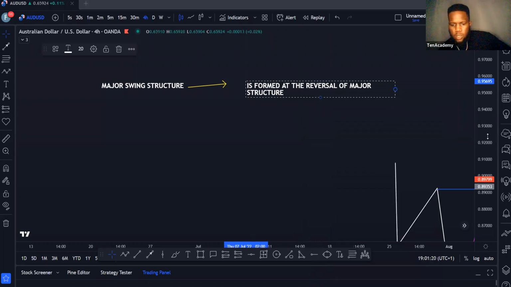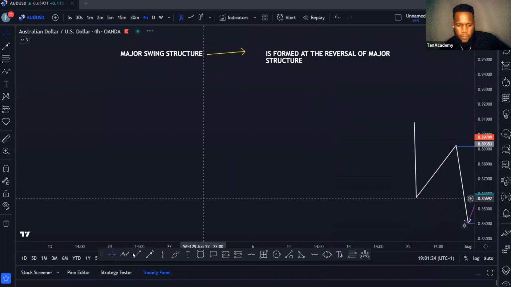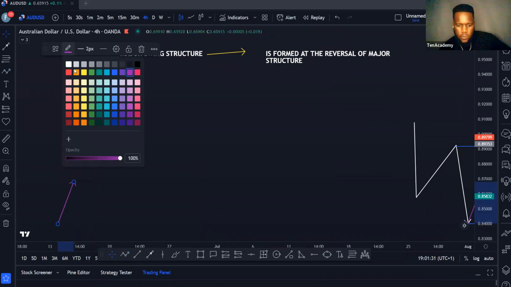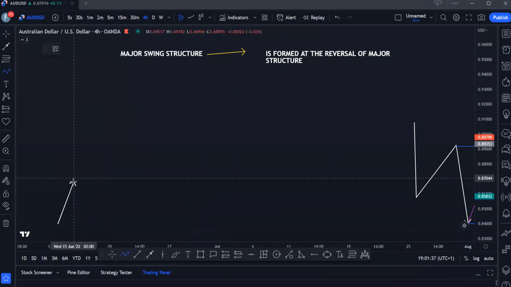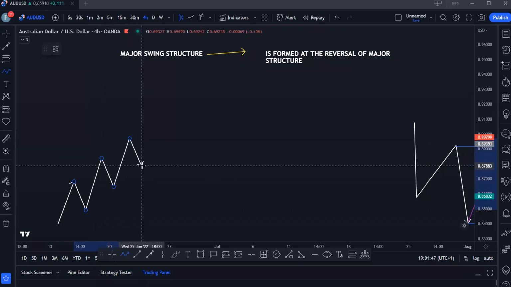When we have major structure like so, you have higher highs, higher lows, higher highs, higher lows, higher highs, higher lows, higher highs.